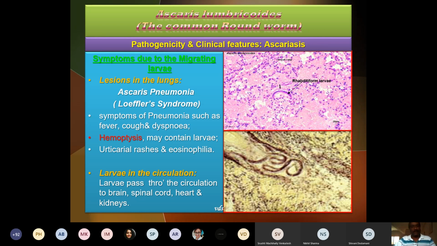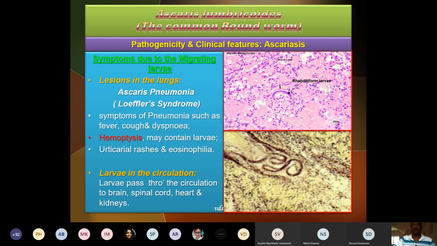Lesions in the lungs cause Ascaris pneumonia, which is called Löffler's syndrome. Symptoms of pneumonia such as fever, cough, and dyspnea may be seen. Hemoptysis may occur, which may contain larvae in the sputum.